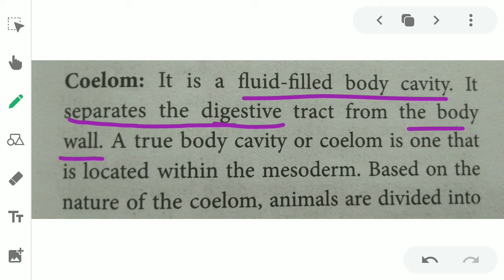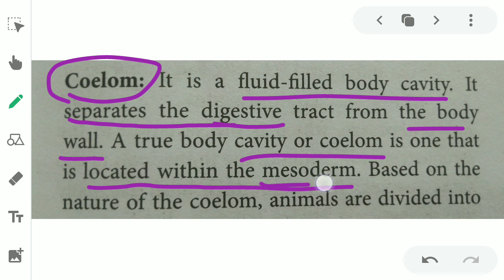That is the body cavity. That is coelom. Based on the coelom, the organism is divided. This is located in the mesoderm. Already we studied the germ layers, ectoderm, endoderm and mesoderm. The coelom is present within the mesoderm.